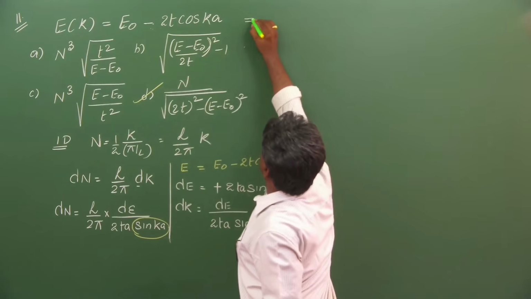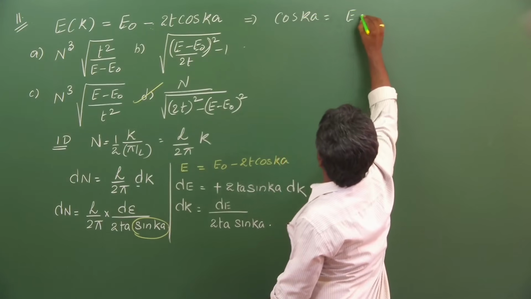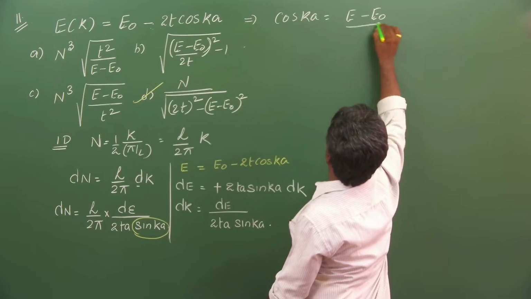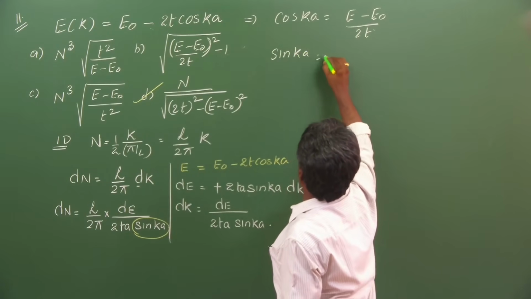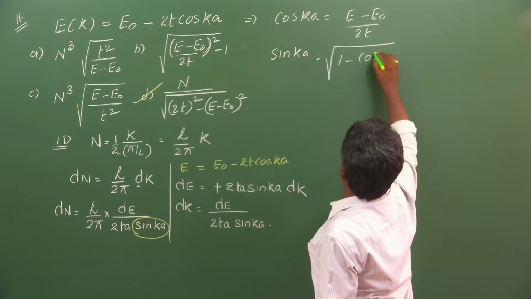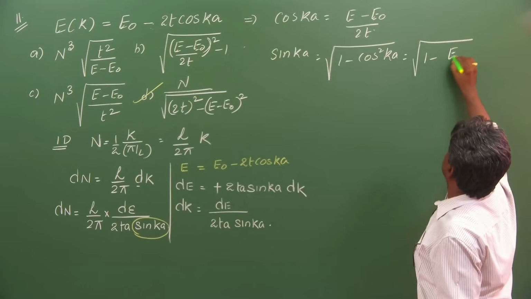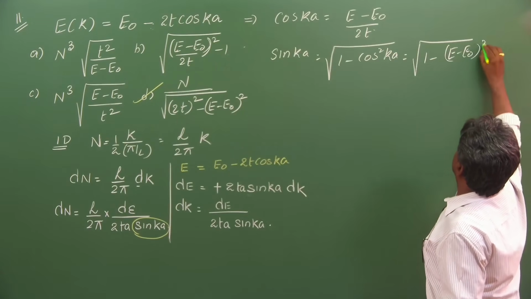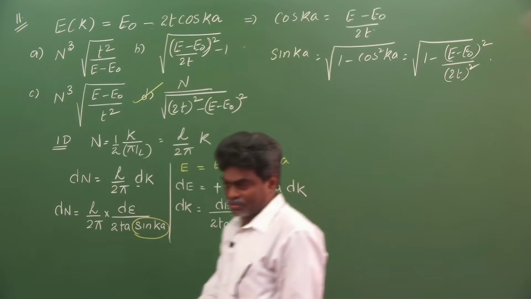From here cos ka equal to E minus E naught by 2t. That's why sin ka equal to under root 1 minus cos square ka, that implies 1 minus (E minus E naught) whole square by (2t) whole square. Just substitute.